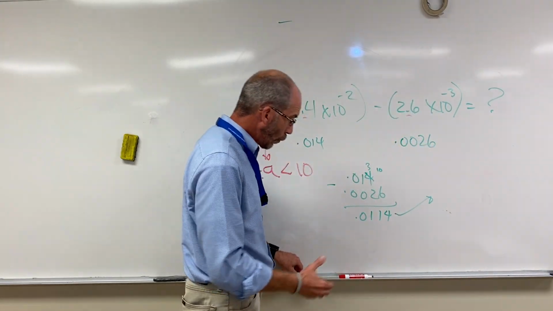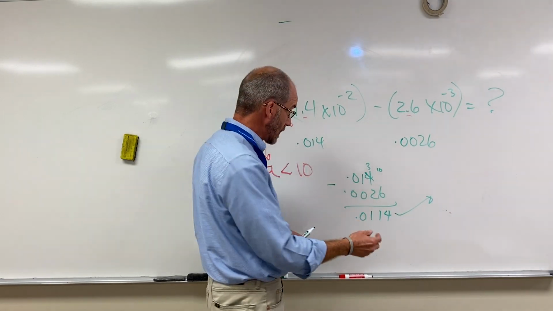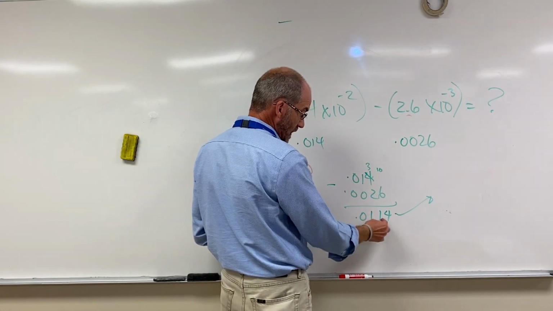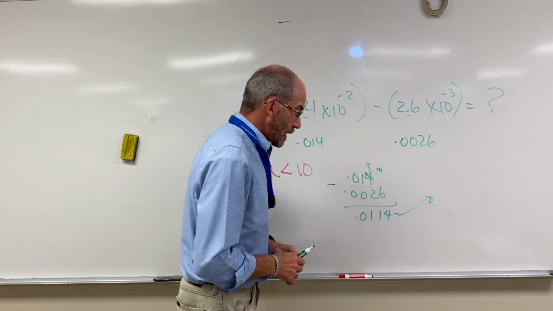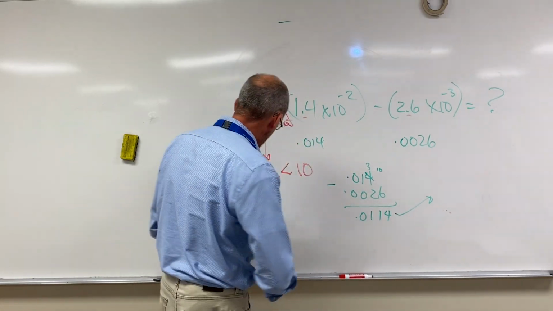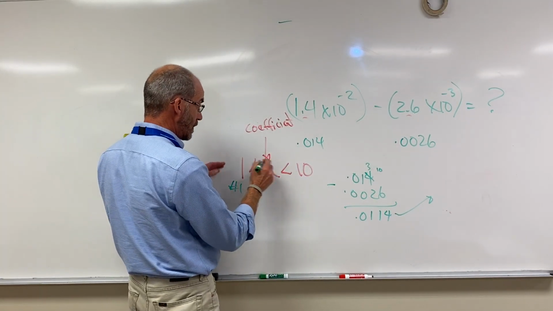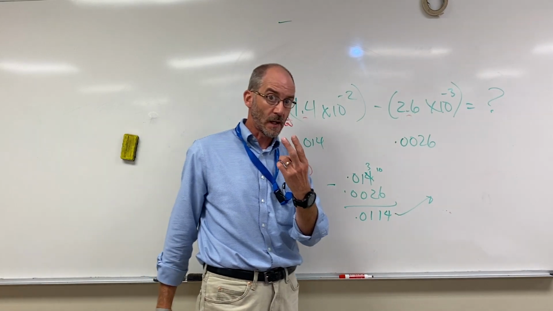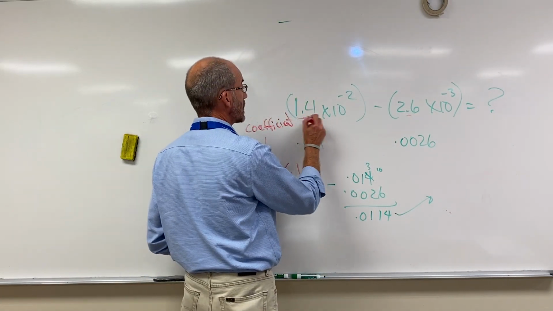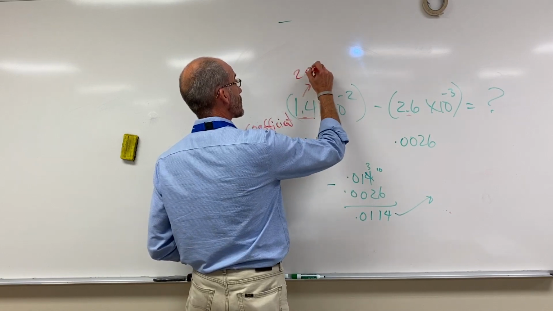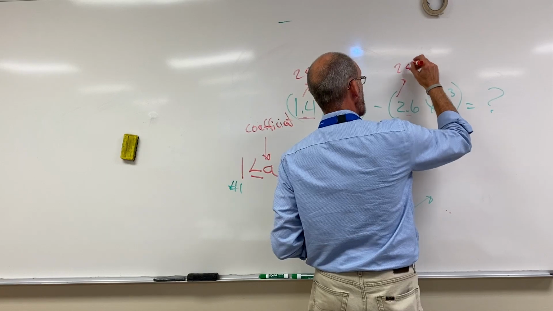So when we look at this, that gives us some direction as to how we're going to write this in scientific notation. That's the first thing. What would be the second item that we would consider? Well, the second item that we would consider is this has 2 sig figs. This has 2 sig figs.